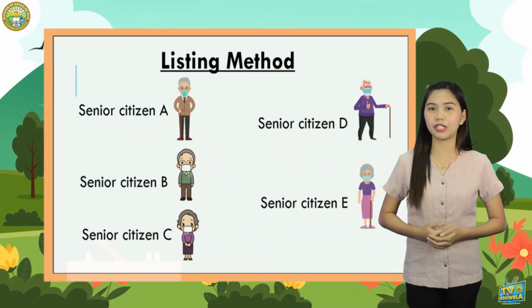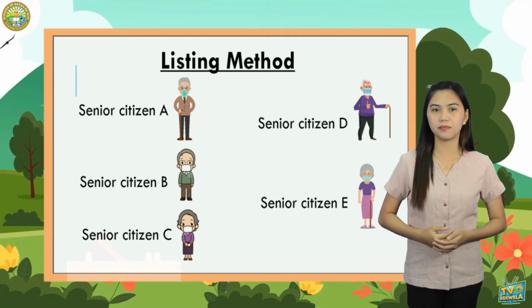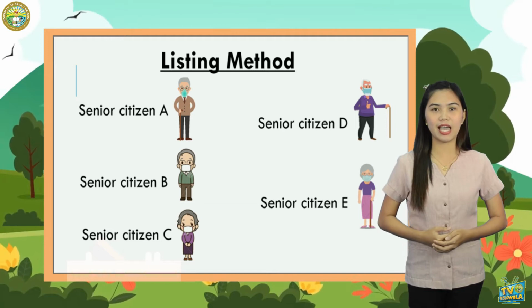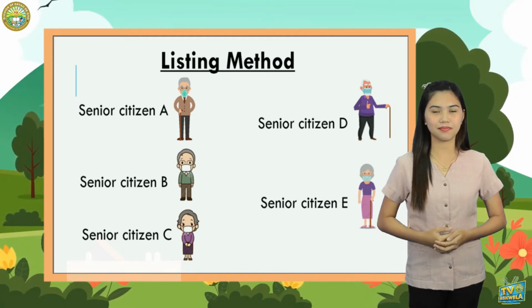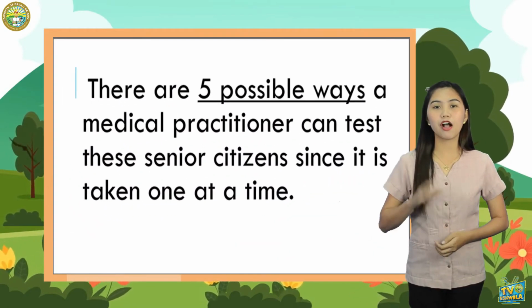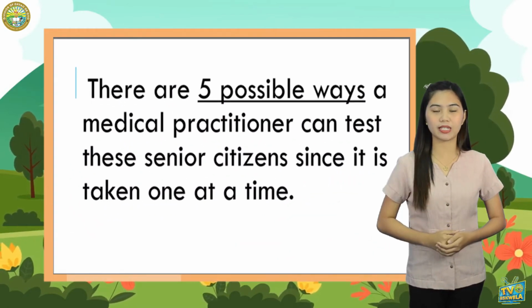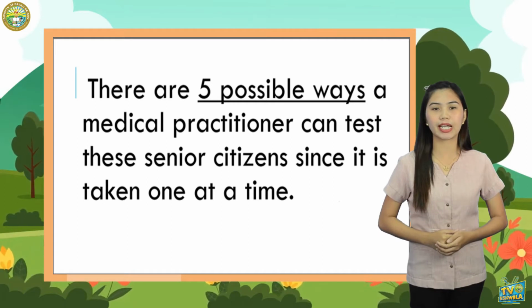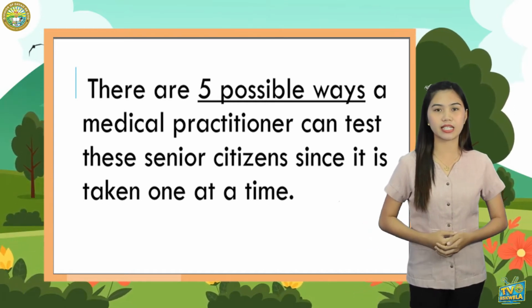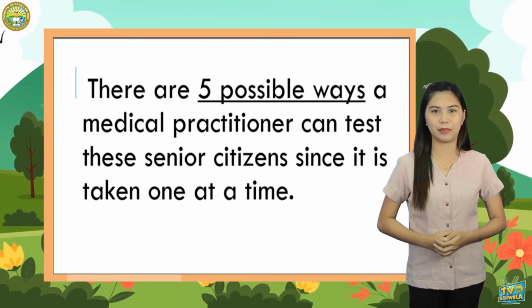Say we have senior citizens A, B, C, D, and E. Then, there are 5 possible ways a medical practitioner can test these senior citizens since it is taken one at a time.